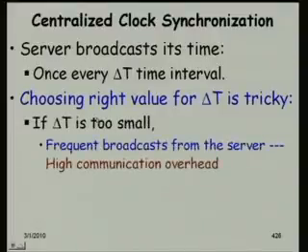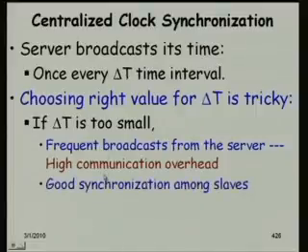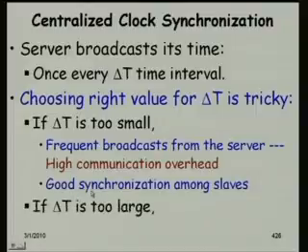So, if delta t is too small, there are frequent broadcasts from the time server and this results in high communication overhead, but there will be good synchronization among the slaves. On the other hand, if delta t is too large, then the clocks will not be synchronized towards the end of this delta t time interval.